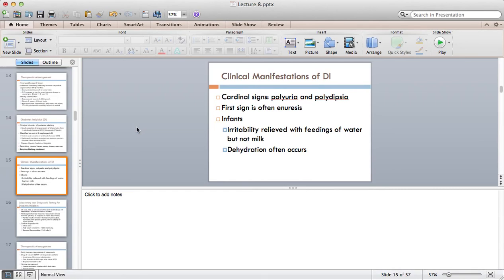So the two signs for that condition would be polyuria and polydipsia: the need to void a lot and the need to drink to replace what is being lost.